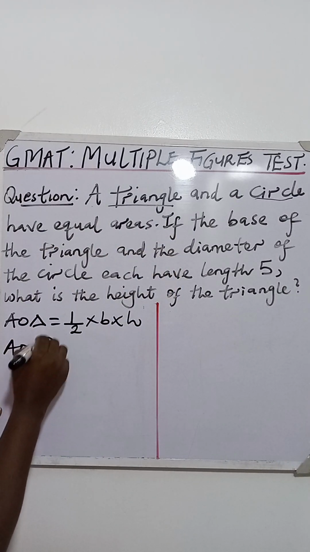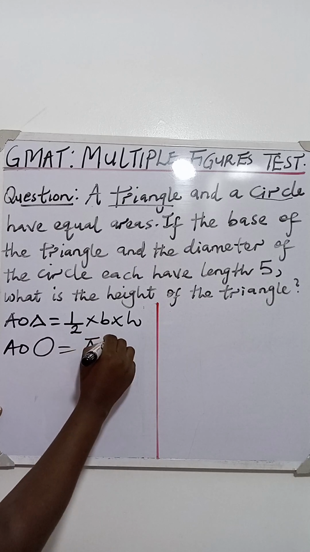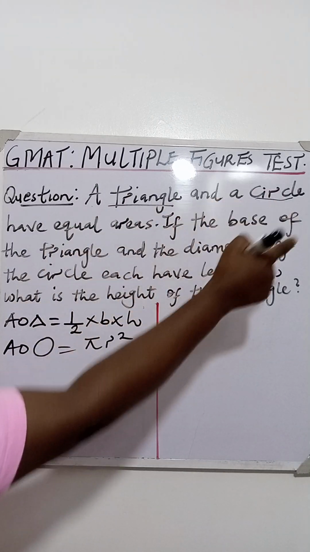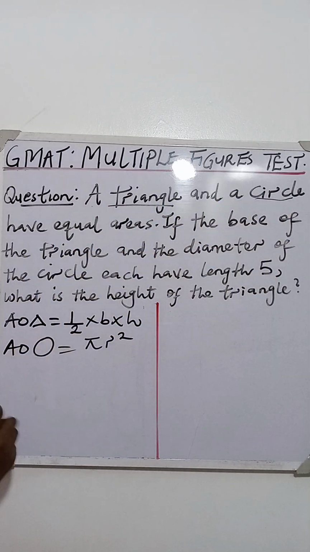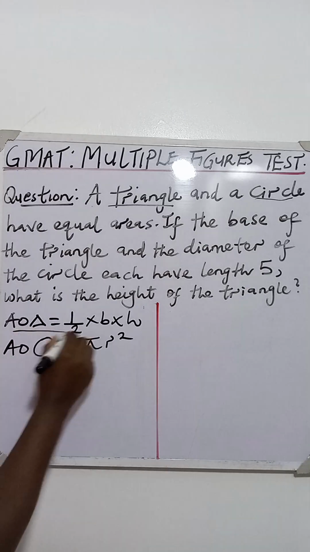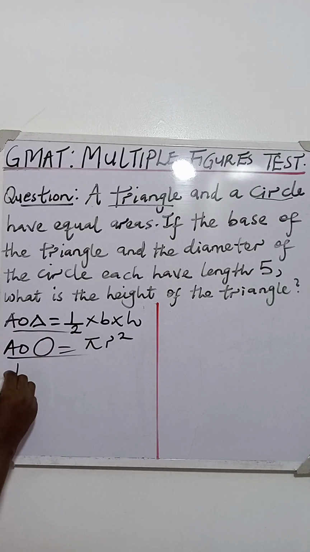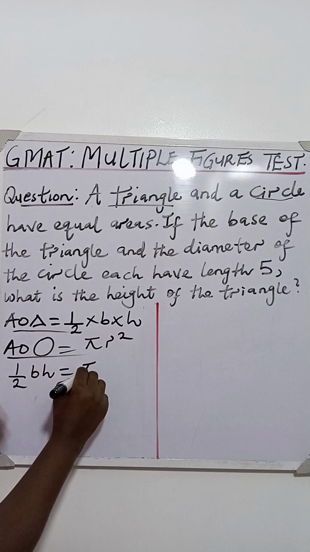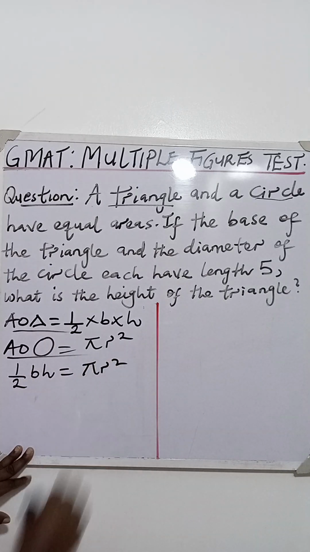Area of a circle is pi r squared. Good. Now, they say a triangle and a circle have equal areas, which implies that this is equal to this. That is, half base height is equal to pi r squared.